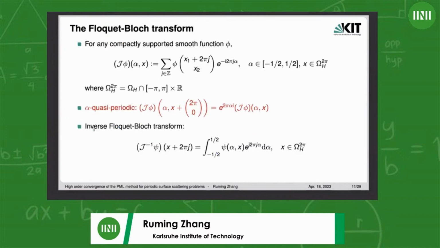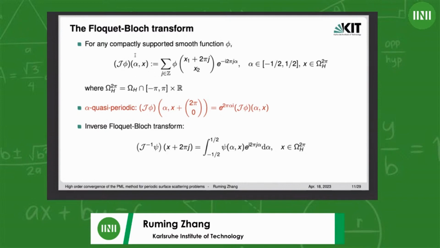To deal with these problems in the periodic domain omega h, I have to introduce a very important tool, the Floquet-Bloch transform. Here we have a function phi, which is compactly supported and smooth in omega h. I recall that omega h is an infinite domain in the x1 direction and periodic, but bounded in the x2 direction.